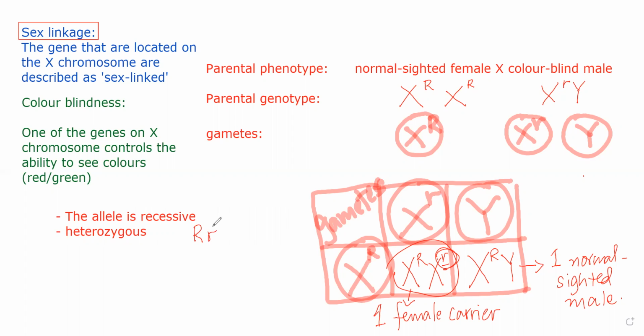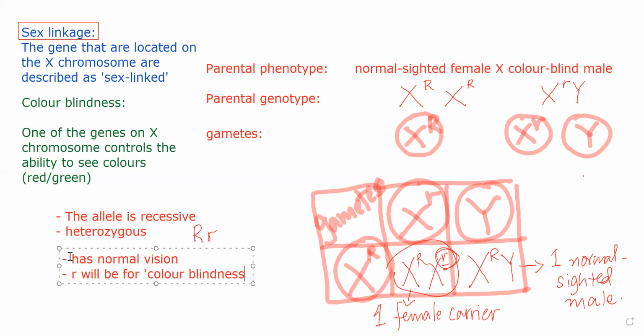So in this case, it will have normal vision. Why normal vision? Because the small r is the allele for color blindness.